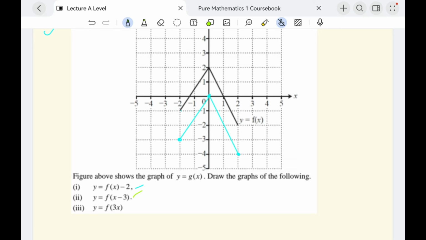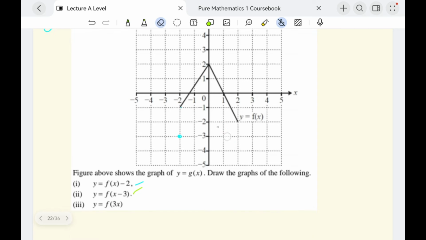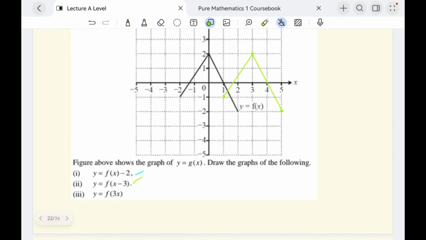Okay, so I will erase this away. Okay, so you have 1, 2, 3 right here, 1, 2, 3 right here, and also 1, 2, 3, and just draw it. Okay, this is how you draw the new graph for this transformation.